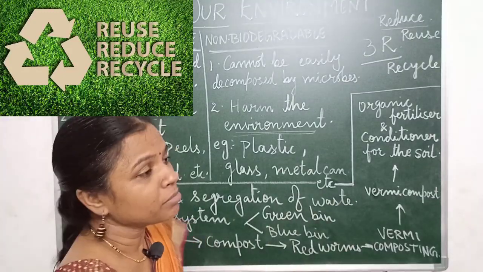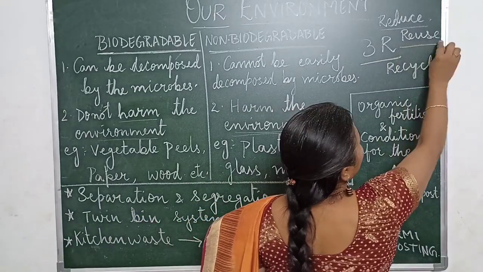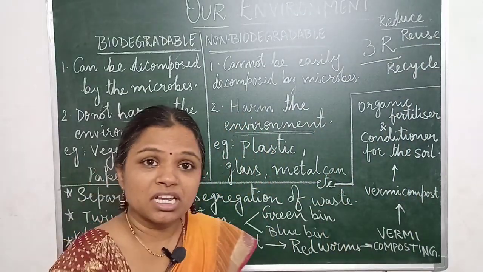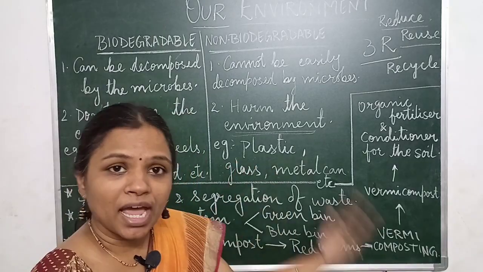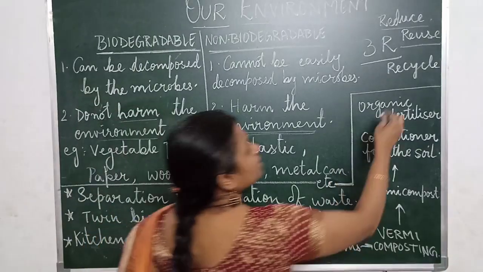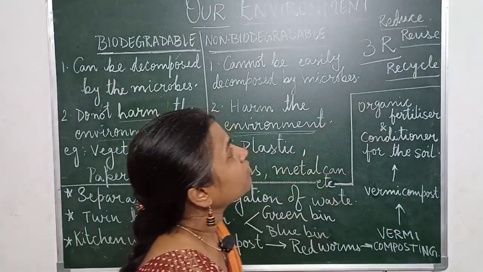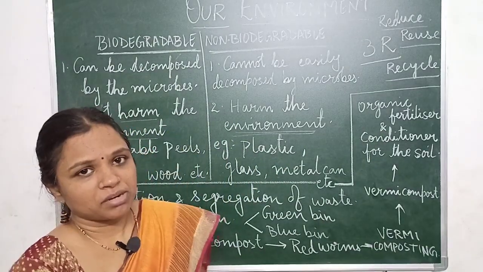Instead of throwing them, we can use them for some other purposes. Yes, so we can reuse them, or sometimes the plastic can be heated up and brought into some other shape and used as some other article. That is what is called recycling. So this is one of the ways we can conserve our environment.